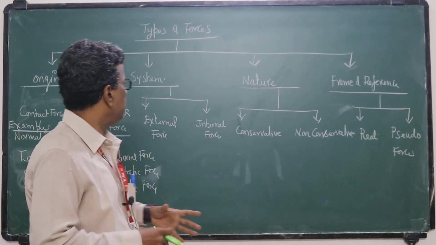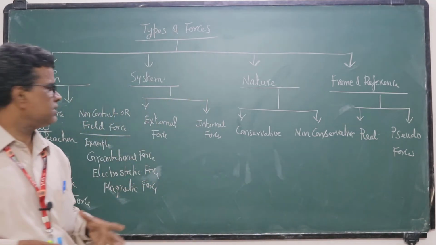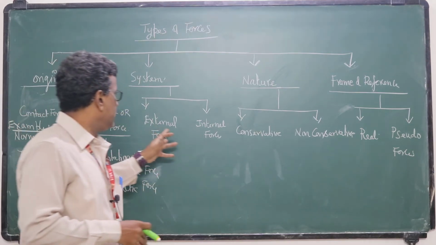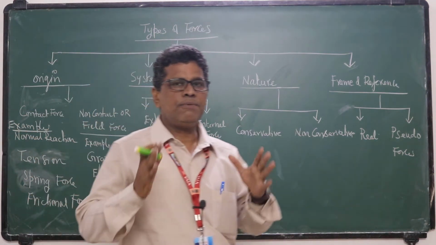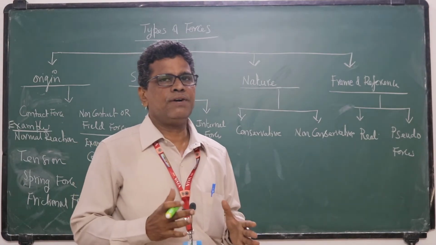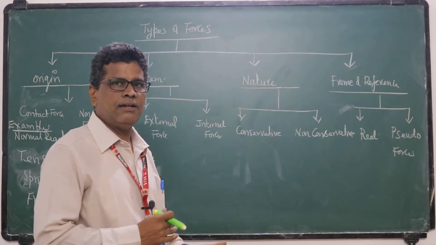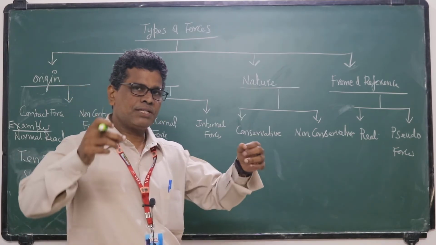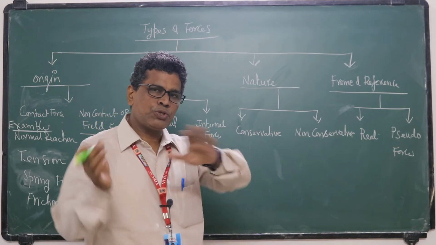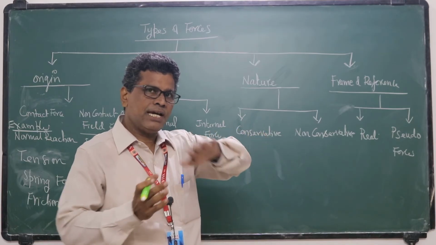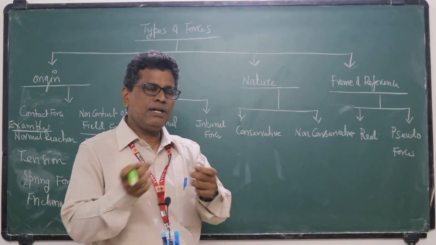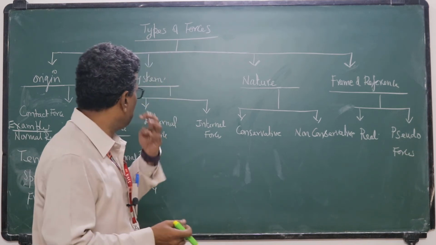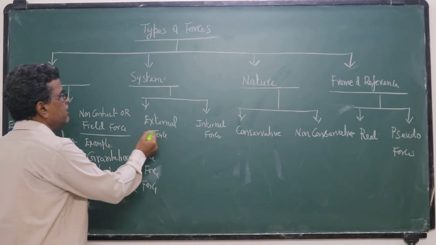Depending upon the system, we have to classify forces as external and internal. If you consider two objects connected by a spring as a system and you push one, that pushing is an external force. In the spring, there are internal forces, that is the spring force. We will discuss that in detail next.